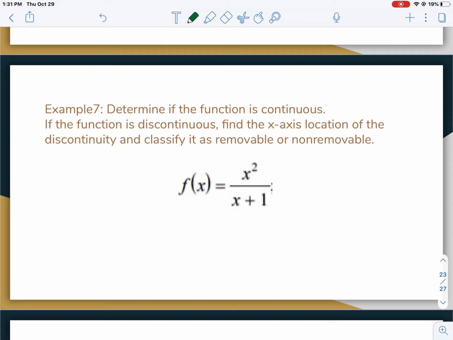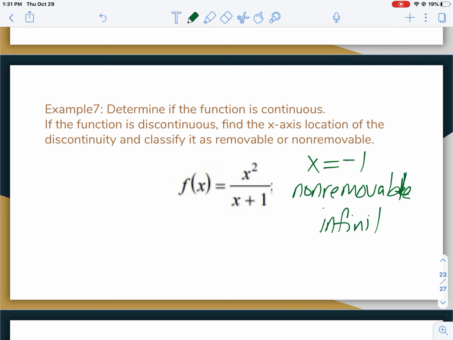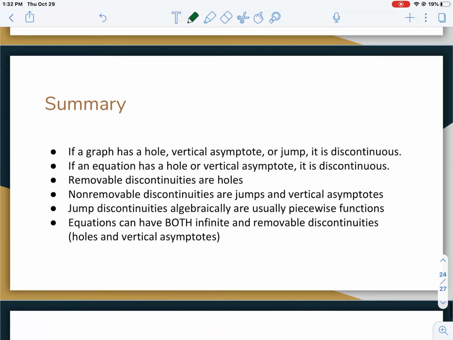So there's no hole, but at x equals negative 1 there's a non-removable discontinuity. So you could say infinite discontinuity, since there's a vertical asymptote.